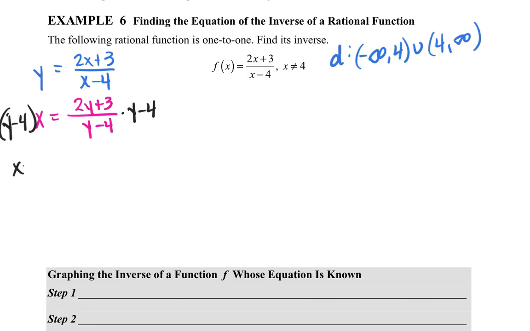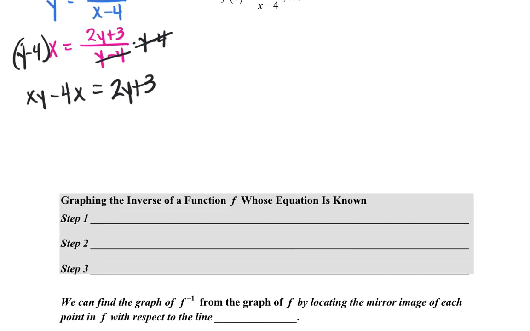So now I've got xy minus 4x equals, and these cancel, 2y plus 3. Since we're trying to solve for y, we want the y's to be on the same side. So I'm just going to have the 2y come over here, and I'm going to move the negative 4x over here. So now that gives me xy minus 2y equals 4x plus 3.